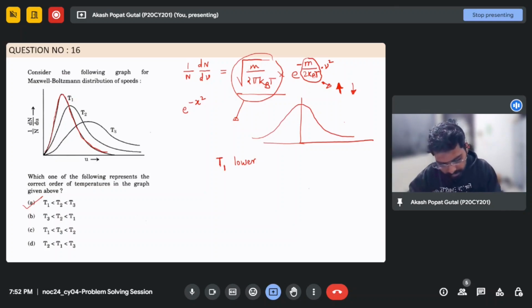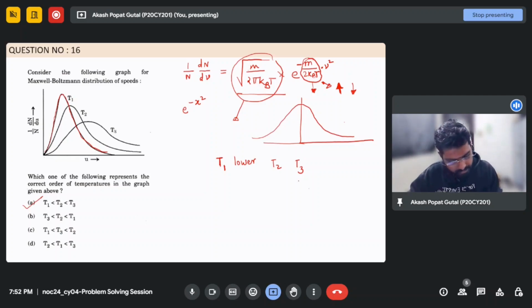As we increase the temperature, T2, then T3, we can see the spread is actually increasing, because when this factor becomes less, the temperature has high values.